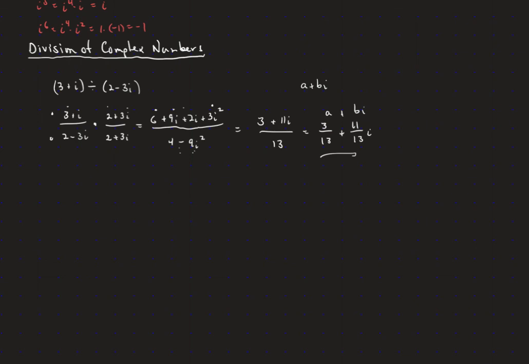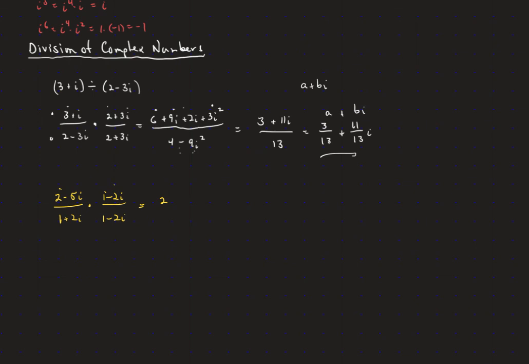Let's do one more. Let's say 2 minus 5i, and let's divide that by 1 plus 2i. So we'll multiply, remember, top and bottom by the conjugate. So we change the sign of the imaginary part in the denominator. We multiply, so the 2 times 1 is 2.